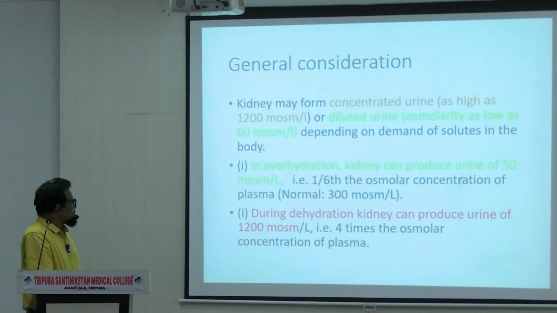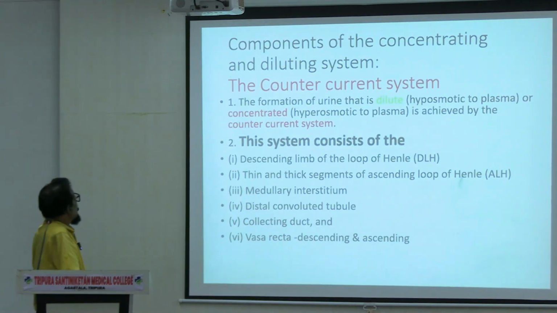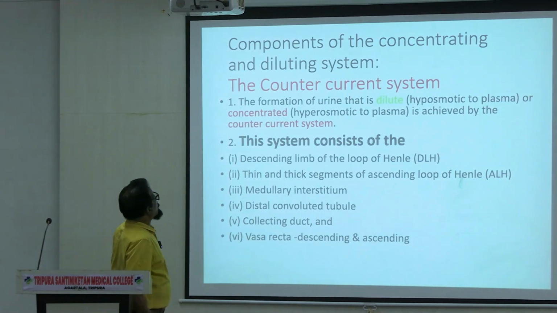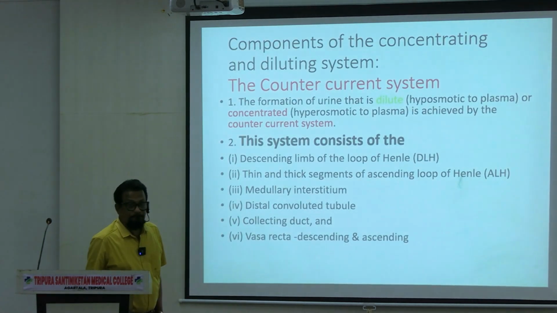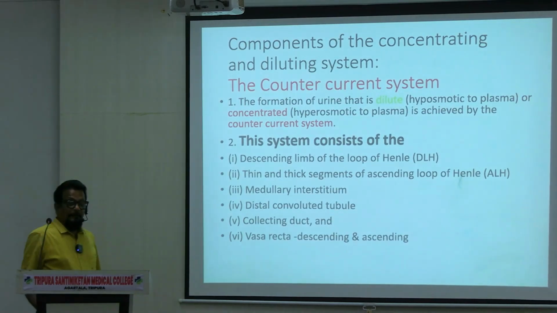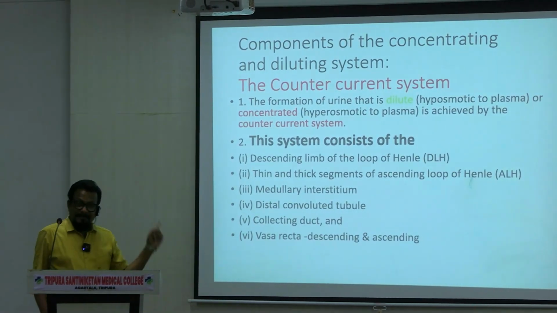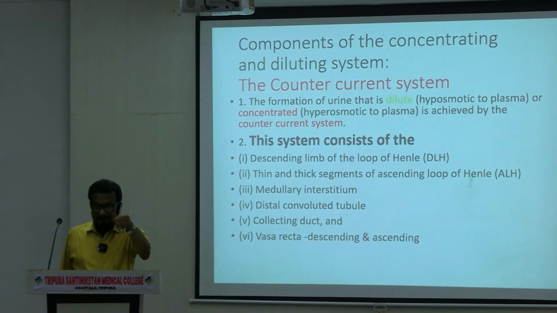During dehydration, as I said. Another thing, the components of the concentrating and diluting system. What are these? One is the countercurrent multiplier system, as I said. Another is the countercurrent exchanger, and the urea cycle, not the metabolic part.